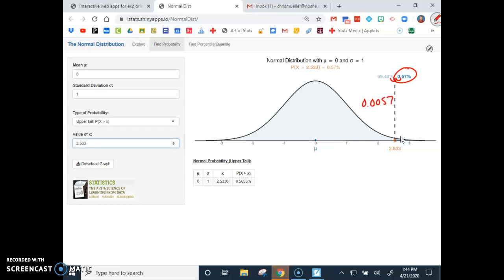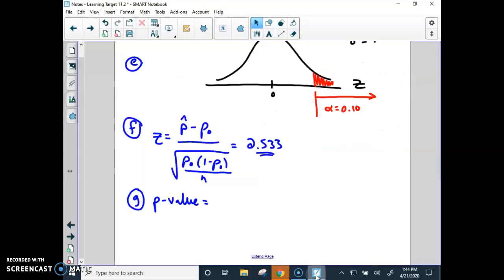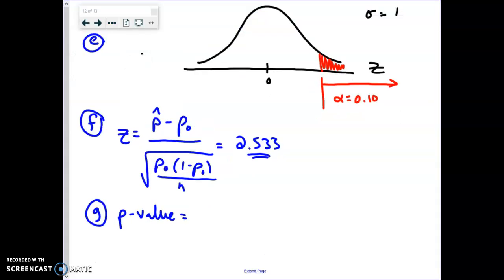So what that means is that's about 6 thousandths. So roughly 6 out of every 1,000 samples will be more extreme than ours, meaning ours is a pretty extreme value. To only have 6 out of every 1,000 be more extreme than ours means ours is pretty extreme. So we compare that to alpha. And ladies and gentlemen, I think we can safely say that that is less than alpha.